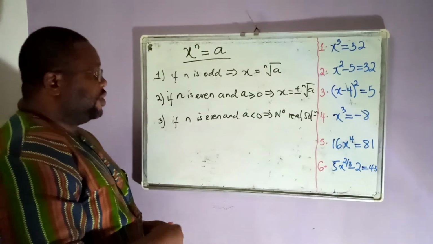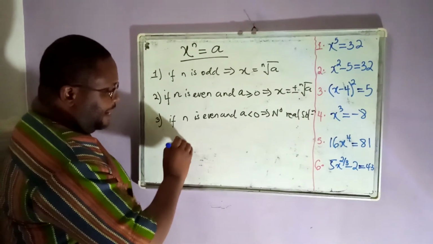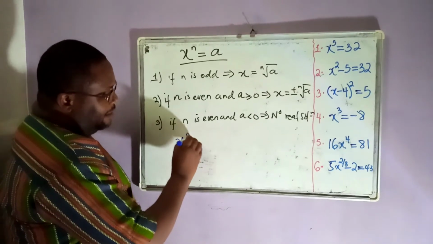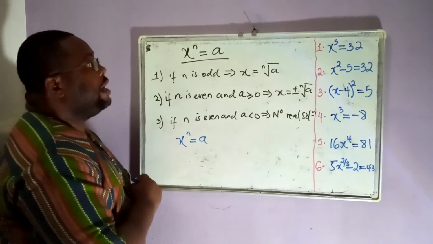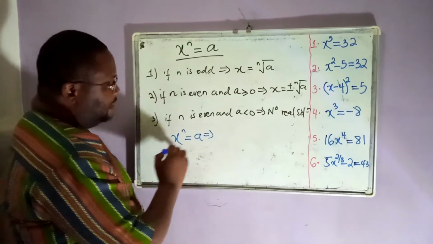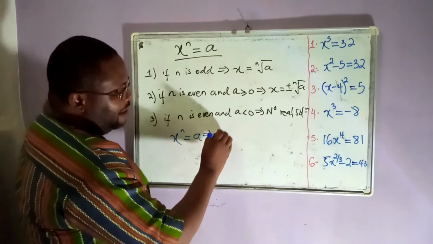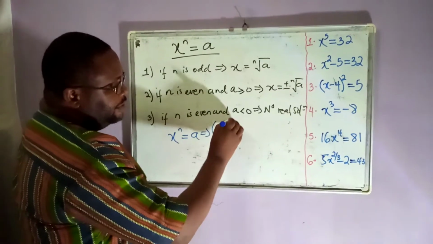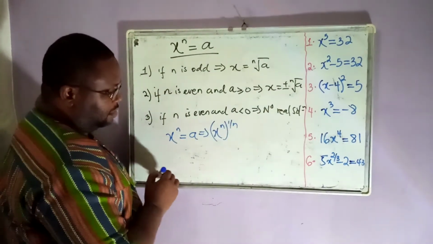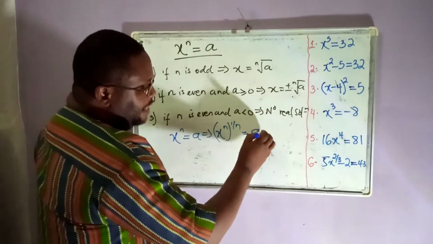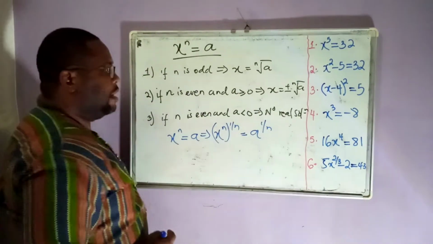That equation boils down to x to the power n is equal to a, which implies that if you raise both sides to 1 over n, then you have x to the power n raised to the power 1 over n is equal to a to the power 1 over n.